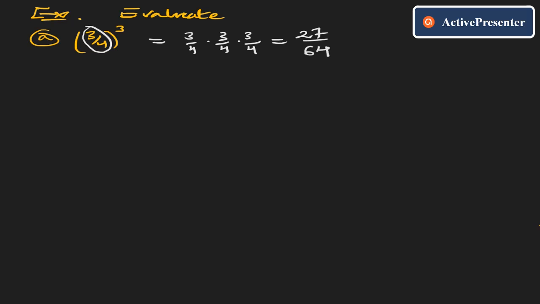Another example, -5 to the power 4. What is our base? Our base here is 5. So the negative should be the negative outside multiplied in 5, 5, 5, 5.